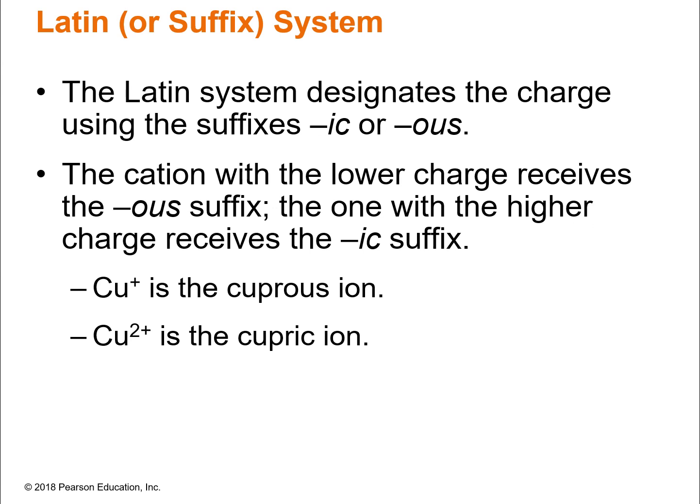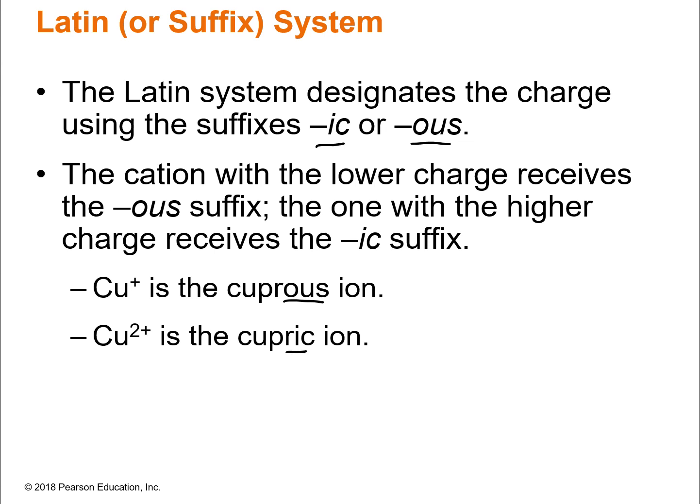There's another system called the Latin or the suffix system. And this uses "ic" or "us" to designate the charge. For the cation with the lower charge, you give that the "us" suffix. The one with the higher charge gets the "ic."